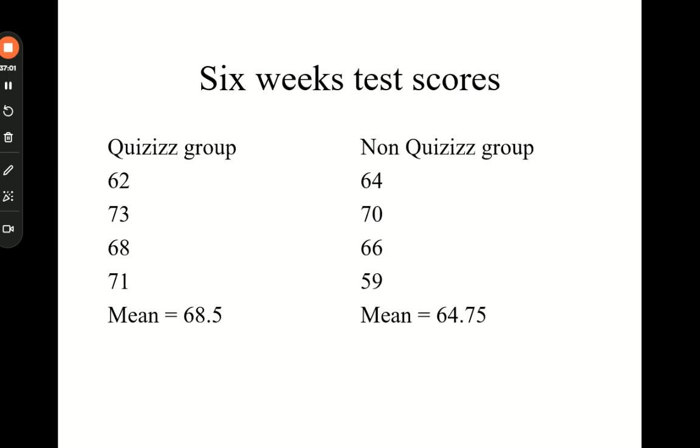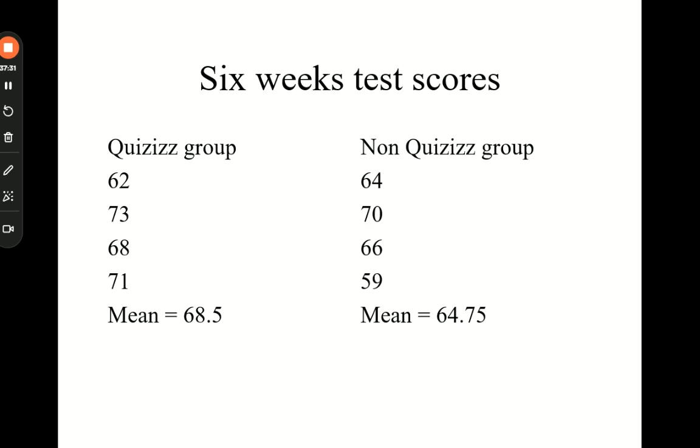So let's say I want to know if giving quizzes will actually increase test scores. So I divide everybody up into randomly selected groups, and then I say, you guys do quizzes and you guys don't do quizzes. And then I find that the quizzes group got a 68.5 mean test score, while the non-quizzes group got 64.75.